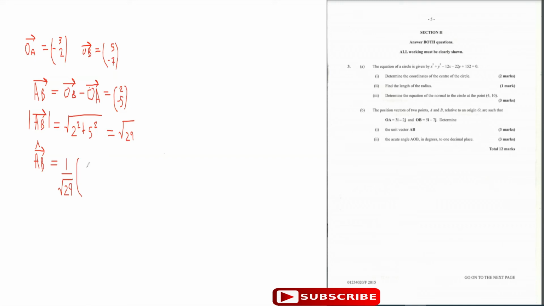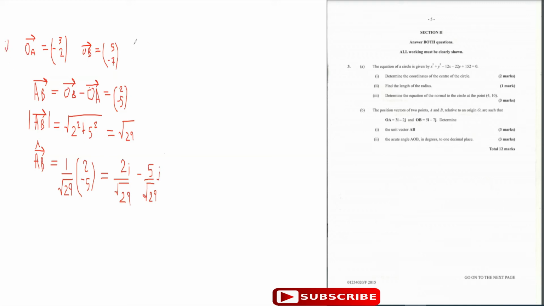Vector AB is (2, negative 5). Now, because they gave us the ij form, it's good for us to write that it is 2i over the square root of 29 minus 5j over the square root of 29. It's good when we write it this way. Put it back in the form that they give you. If they give you ij form, put it in ij form. If they give you vector form, put it in vector form. This is part I covered.